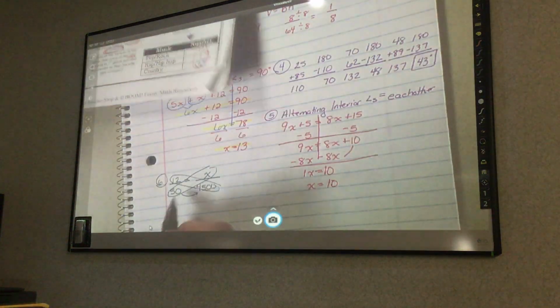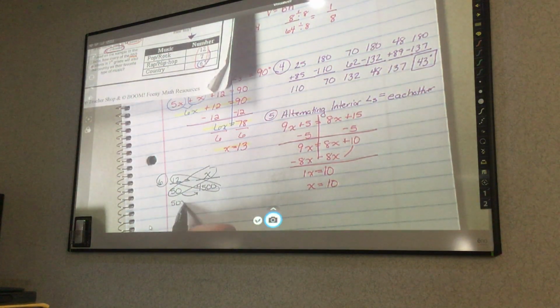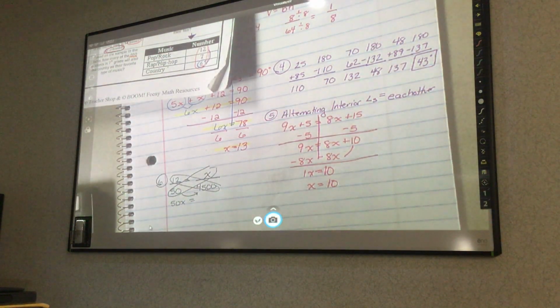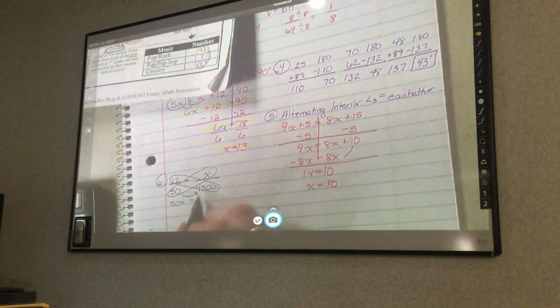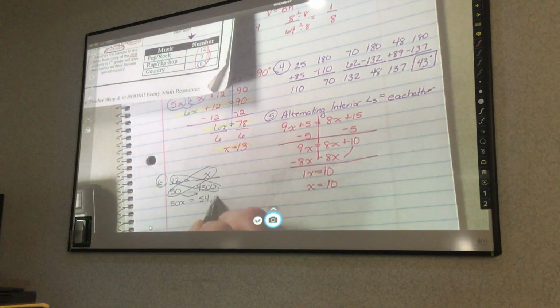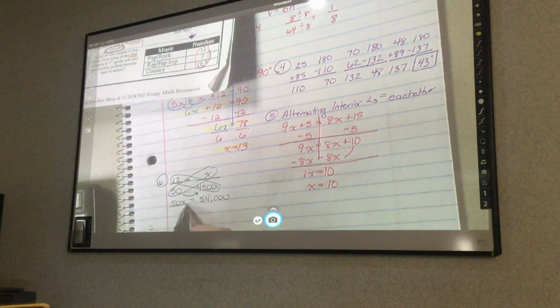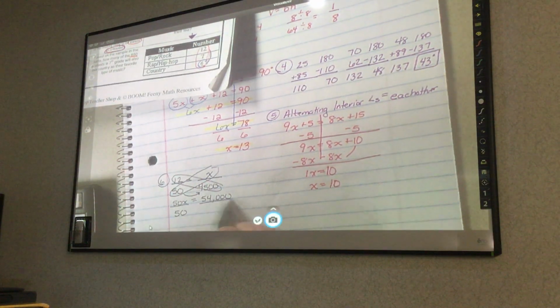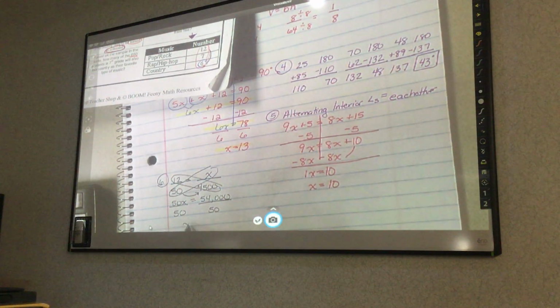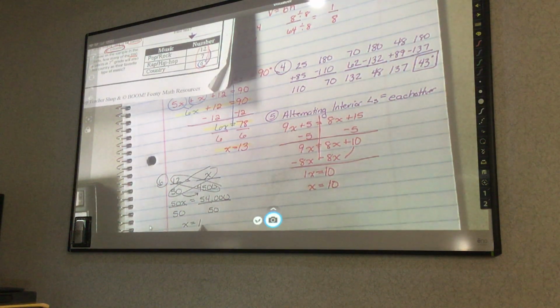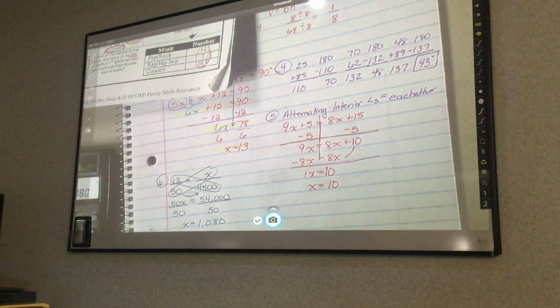So now I have 50x equals, I need to do the 4,500 times 12, 54,000, divide by 50, divide by 50, so x equals 1,080. Yes?